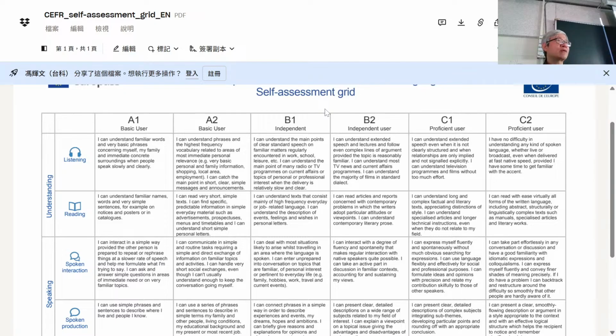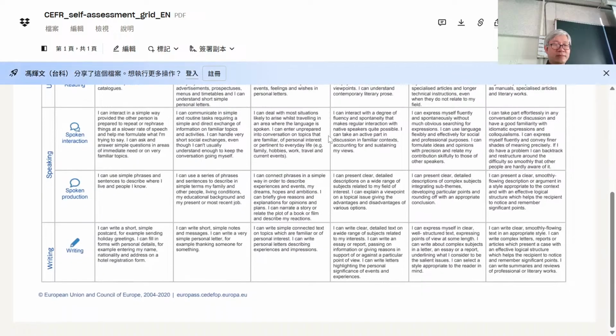Which level do you think you belong to? Specifically, spoken interaction. Alright, speaking for spoken interaction.